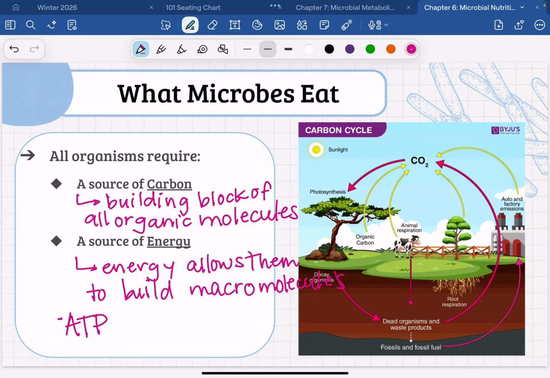So we need the pieces, and we need the energy to do it. And at the base of all metabolism and life and everything that cells do in order to be alive, to grow and reproduce and metabolize and eat, they need these two things, energy and carbon. And this applies to humans as well. It applies to animals, plants, bacteria, everything.